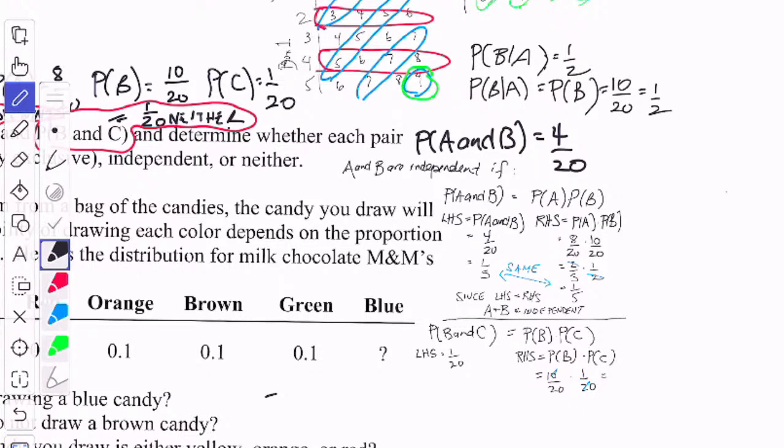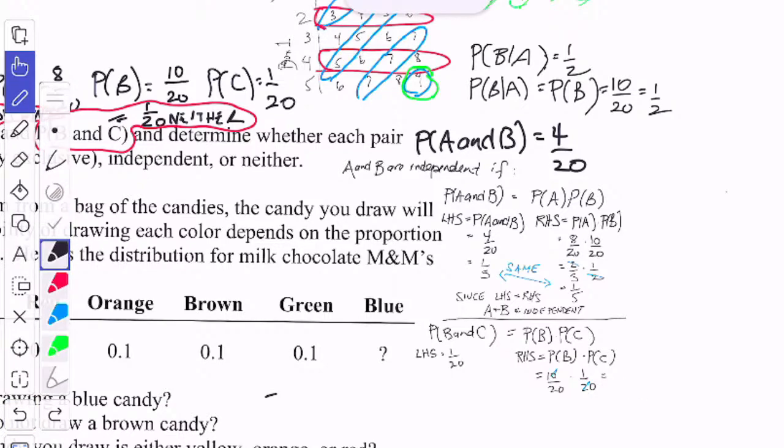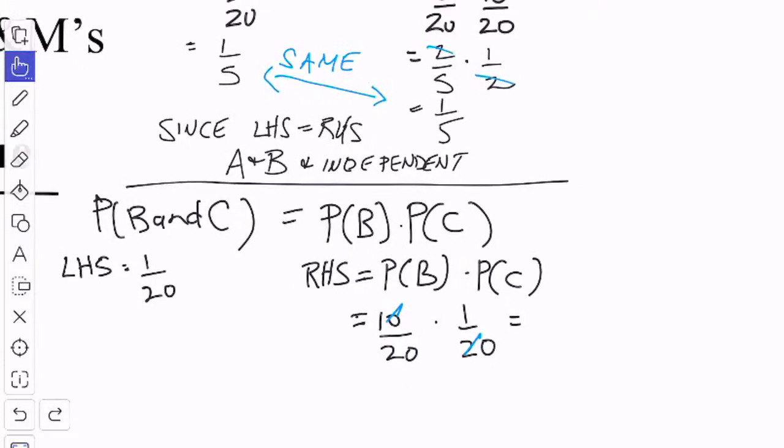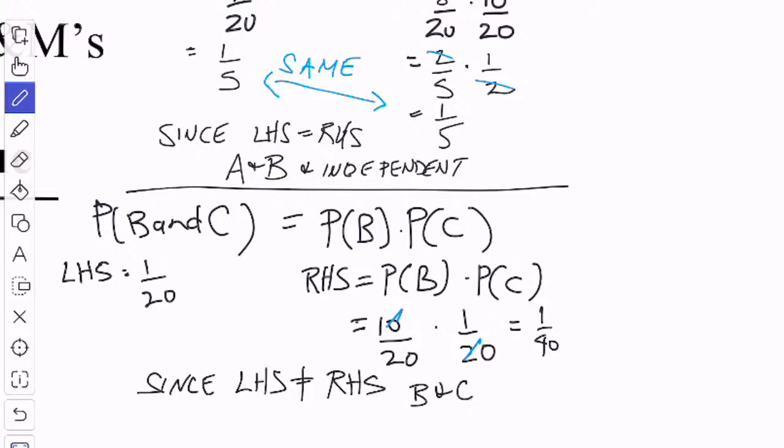So B times C would give, and you'd say since left-hand side is not equal to right-hand side, B and C are not independent.